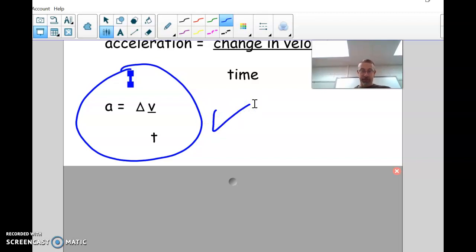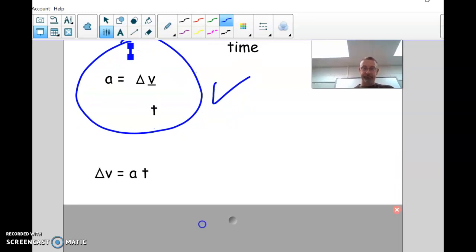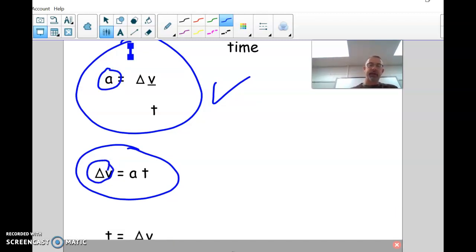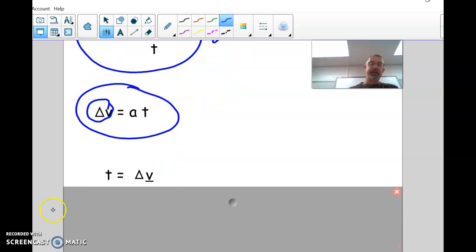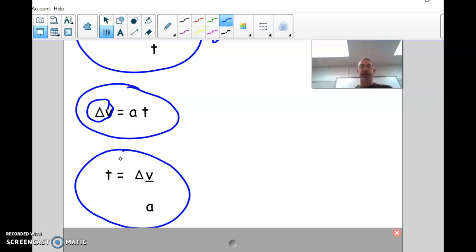Now what's nice about this is, just like our last equation dealing with velocity, I can rearrange this and say that velocity then, my change in velocity, equals acceleration times time. So in this one I'm finding acceleration, this one I'm finding velocity, and I can also say my time it takes is going to equal my change in velocity divided by acceleration.